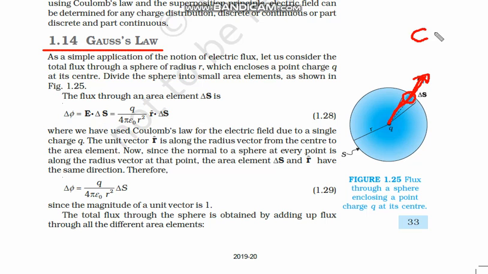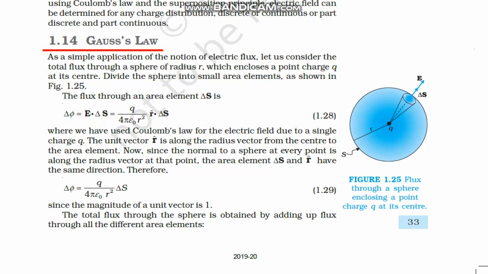So cos theta is cos 0, that means 1. The direction of the radius element as well as the direction of the surface element are in the same direction, hence cos theta is cos 0 and the magnitude comes as 1. So this we will just use. That's why I clarified it to you right now.